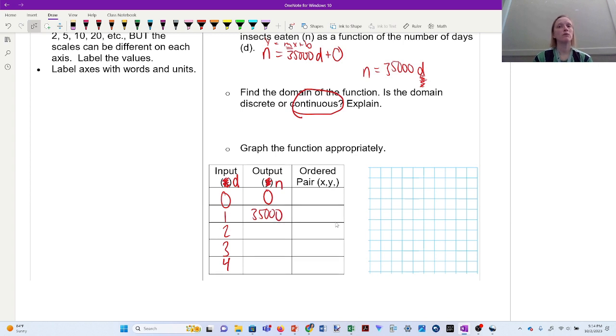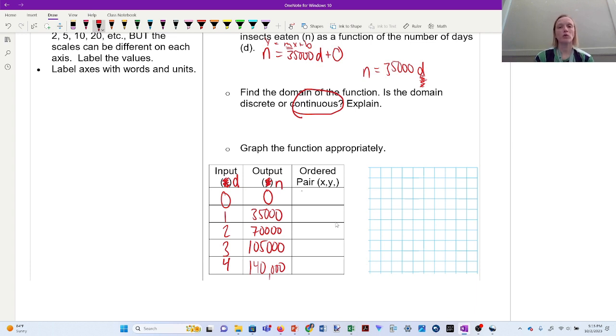Plug 2 in for D, and 2 times 35,000 is 70,000. Plug 3 in, 3 times 35,000 is 105,000. And if you plug 4 in, you get 140,000. 4 times 35,000 is 140,000.